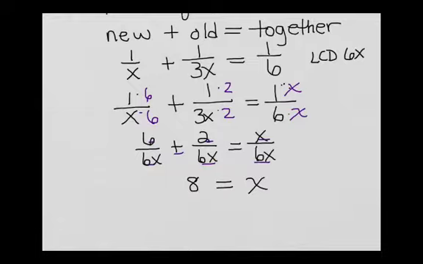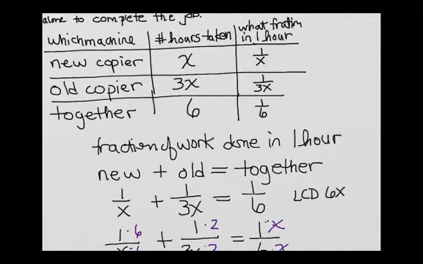So going back to our table of values that we organized, x is equal to 8, and the old copier then is 3 times x, which is going to be 24. And remember, these were the numbers of hours that it takes them.